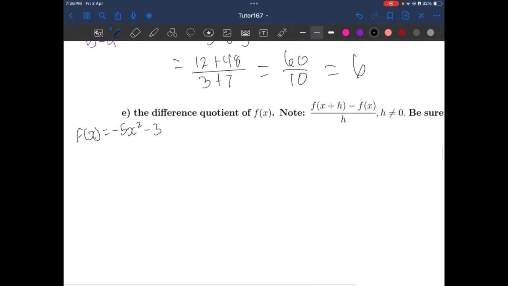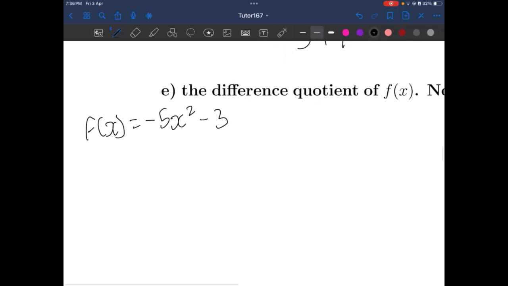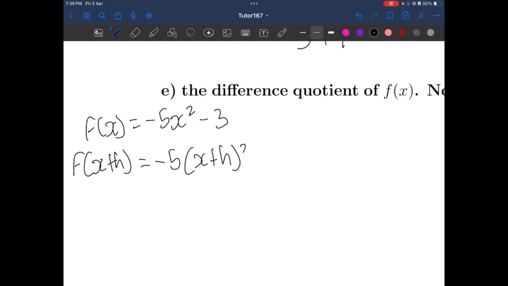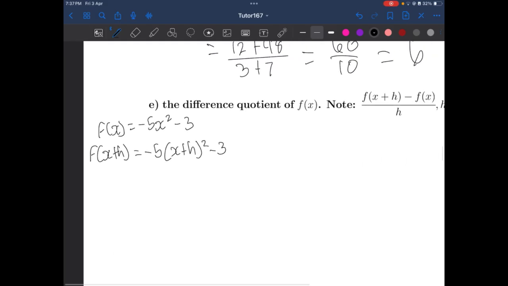Solving for f of x plus h, because we need f of x plus h. All we have to do is substitute x with x plus h. So that's equal to negative 5 times x plus h squared minus 3.